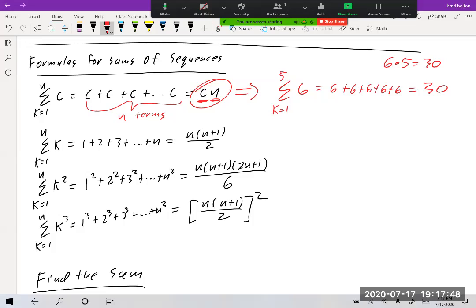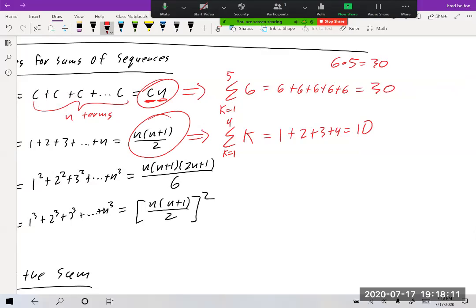Now these are a little bit more tricky. I'll write one out just in case. What if I wanted to do the sum of k from k equals 1 to 4? This would be 1 plus 2 plus 3 plus 4, right? Easy enough, this would be 10. But what I want to show you is that this formula could do the same thing. Imagine instead of going from 1 to 4, what if I went from 1 to 758,000?